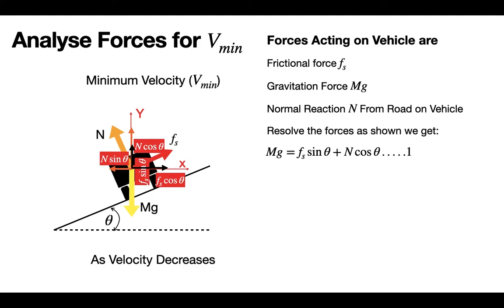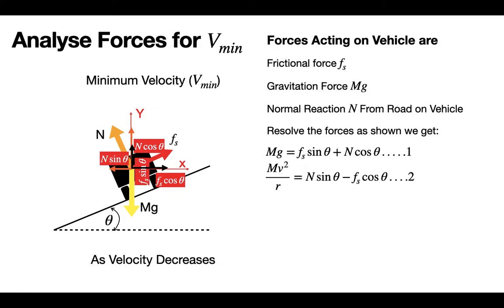So you can very well say that the weight, or gravitational force mg, is nothing but the summation of Fs sin theta plus N cos theta, because there is no vertical motion. But the centripetal force, which is mv square by r, is the resultant of all real forces.